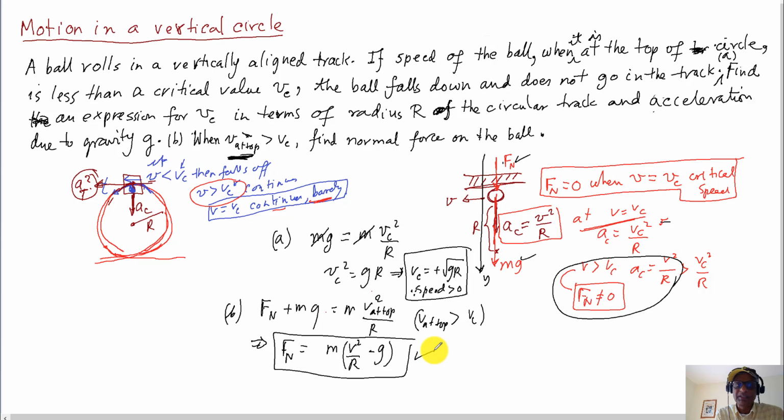Okay, this is a simple problem, but let's make sure you understood that at the critical moment, the normal force from the track will be 0. The normal force is a reaction force, and something has to push.